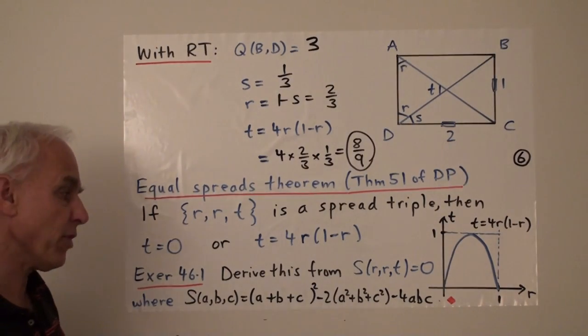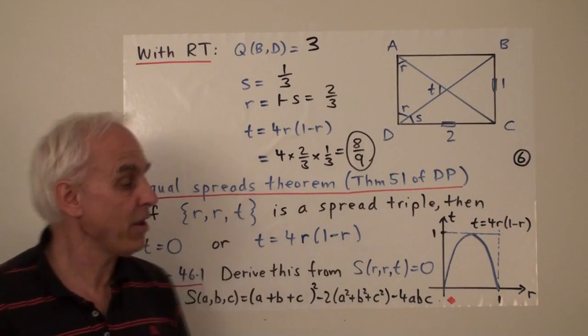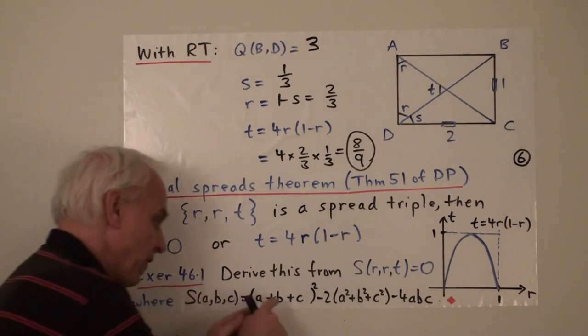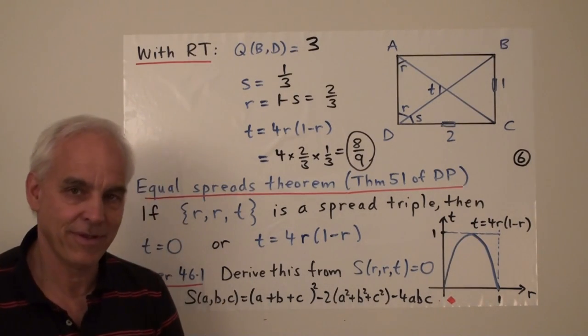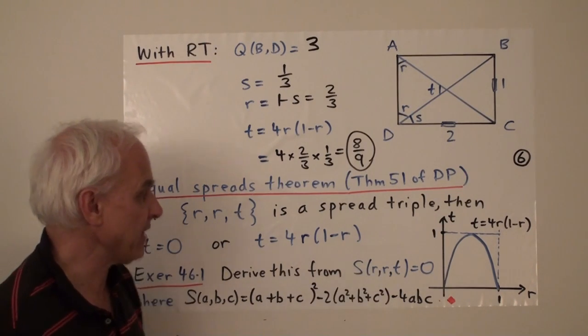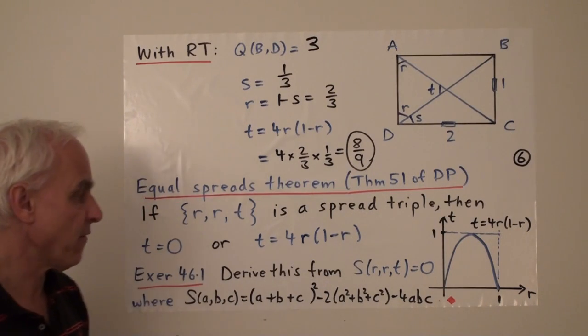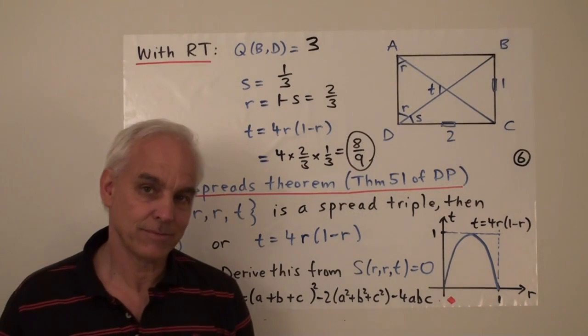So it's an exercise for you that you can take essentially the triple spread formula and set two of the numbers equal to each other, and then simplify it and see if you can deduce that the third one has to be either 0 or this particular expression, 4 times r times 1 minus r.